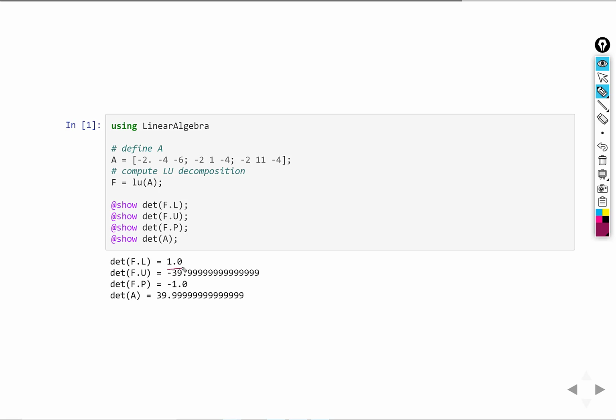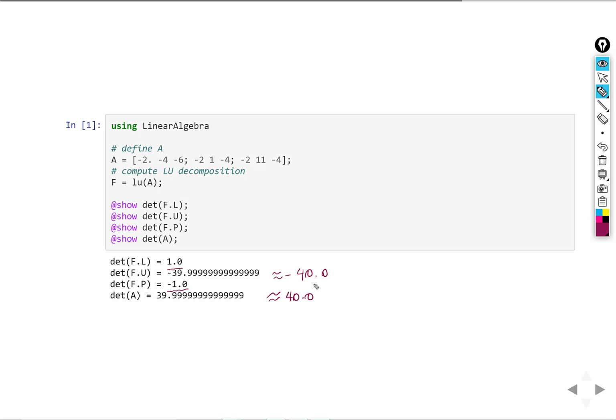The determinant of U, up to machine precision, is minus 40. The determinant of the permutation matrix is minus 1. And we already know that the determinant of A must be 40. And again, up to machine precision, that is 40.